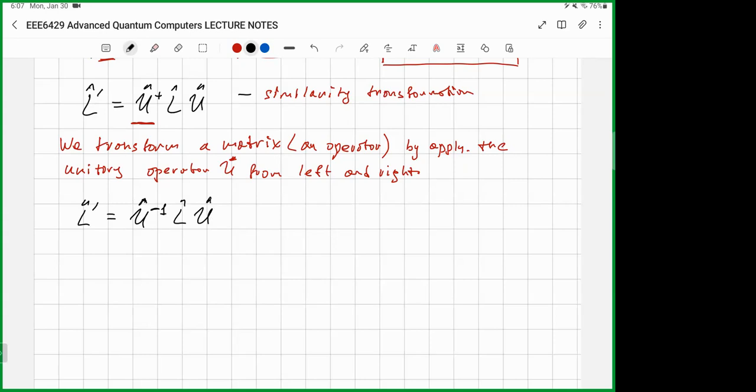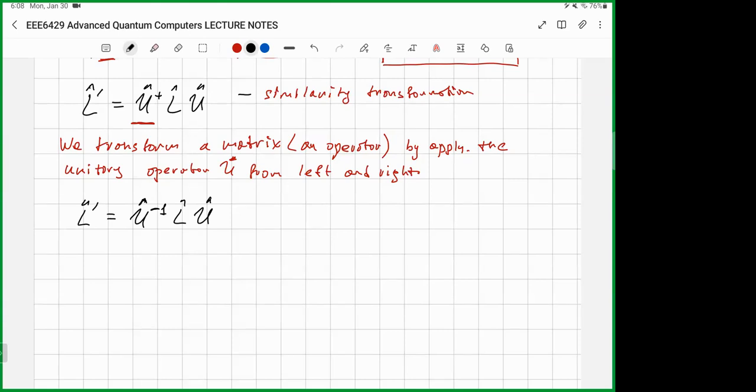Because in the linear space, we don't have complex variables or complex matrices, and the Hermitian conjugation corresponds to the inversion operation on a matrix.